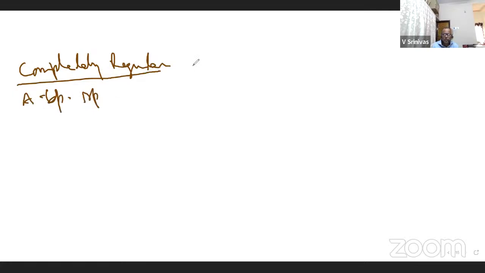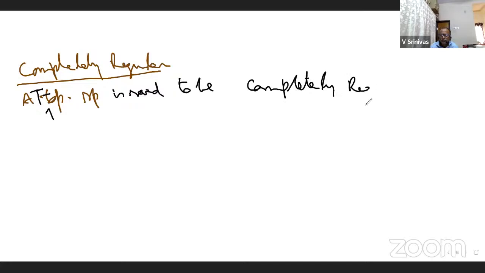We want this also to be T1. A T1 topological space is said to be completely regular. We simply call it CR, completely regular.